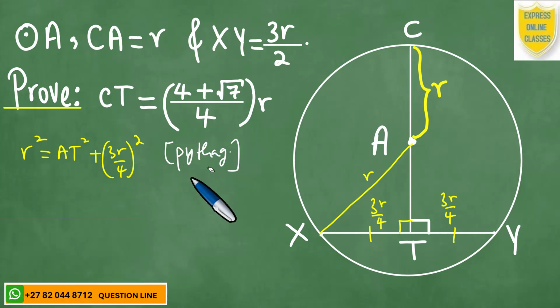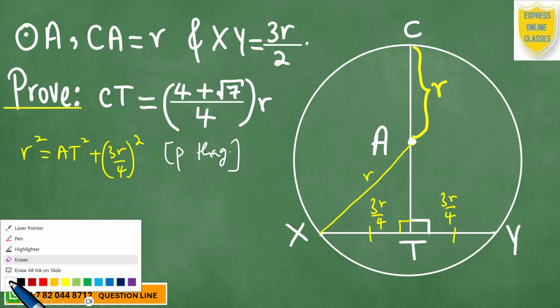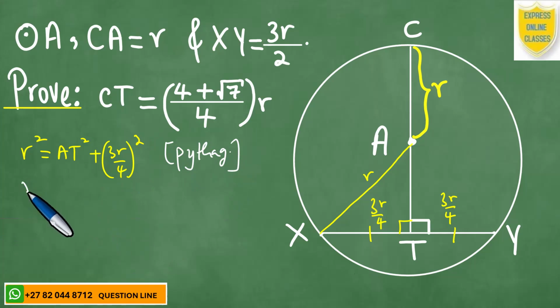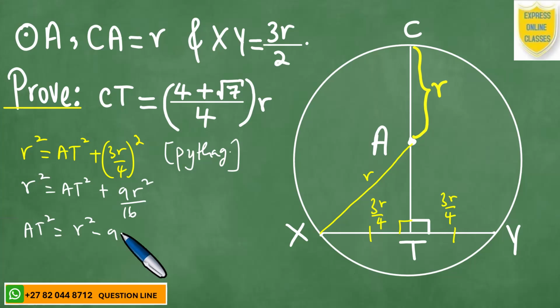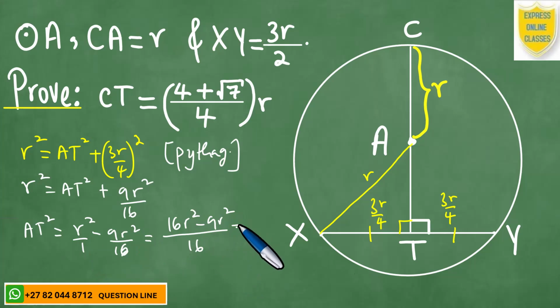With that, we solve and get r squared equals AT squared plus 9r squared divided by 16. We make AT squared the subject, which is r squared minus 9r squared out of 16. And so 16 minus 9 is exactly 7r squared divided by 16.